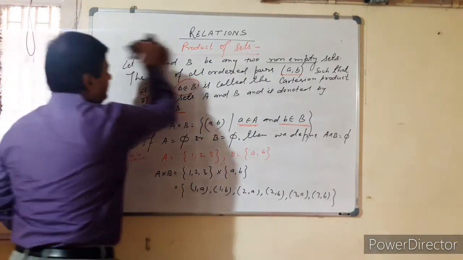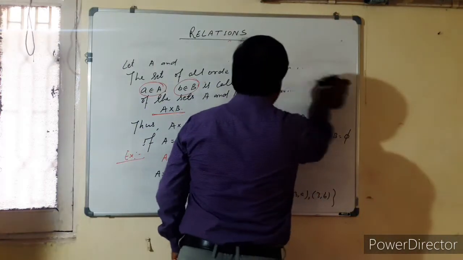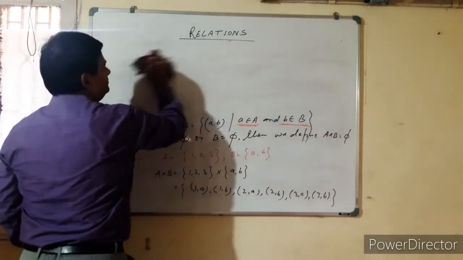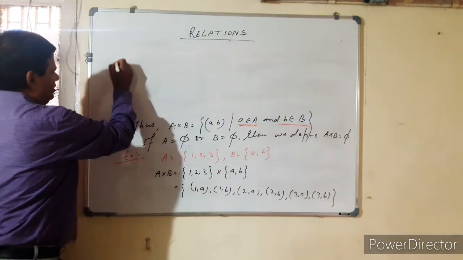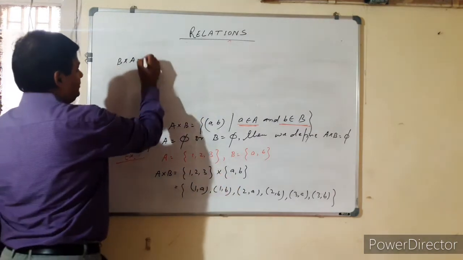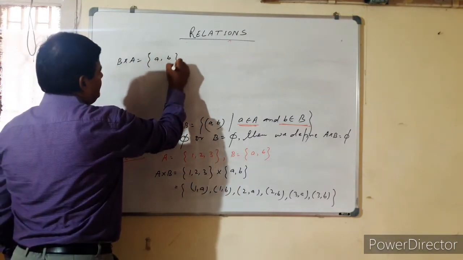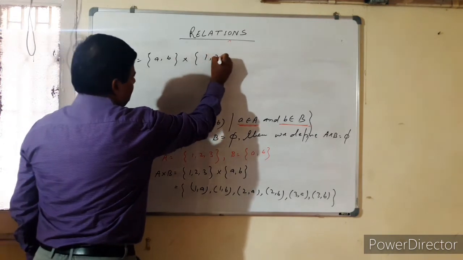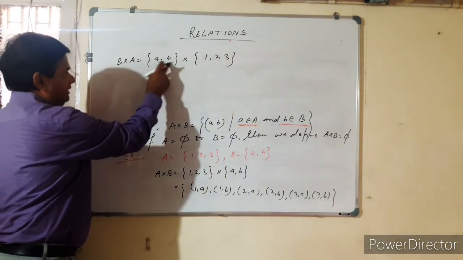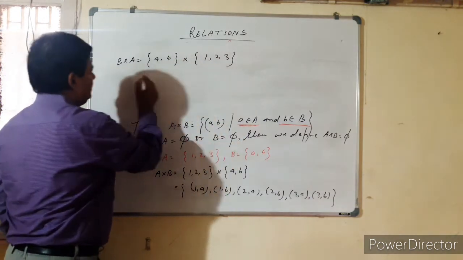If I write B cross A, it is equal to, first we write b from B and then a from A, which is 1, 2, 3.